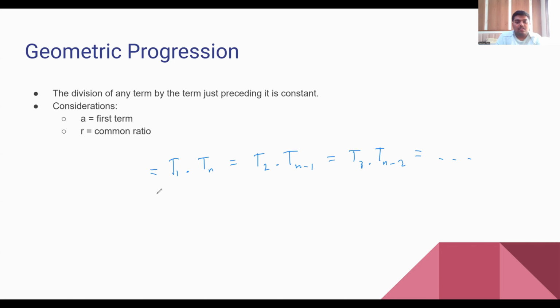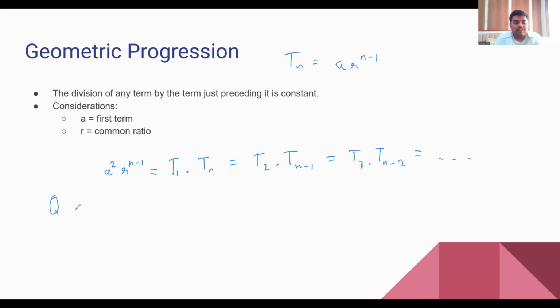And this is equal to a square r to the power n minus 1. So it is pretty evident that if you put the formula of Tn, which is a r to the power n minus 1, then you will get this. Now let us look at an example.